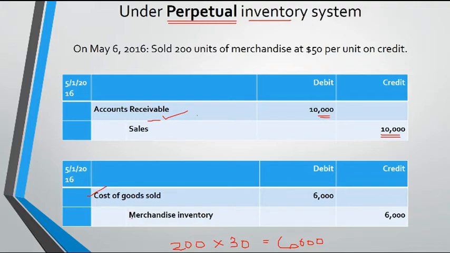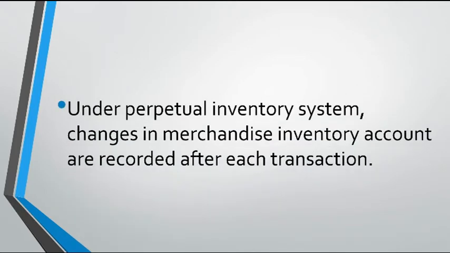Ngayon, naka-credit siya sa merchandise inventory. Okay, kasi ito yung stock na meron ka. Now, pag under perpetual inventory system, the changes in merchandise inventory account are recorded after each transaction.